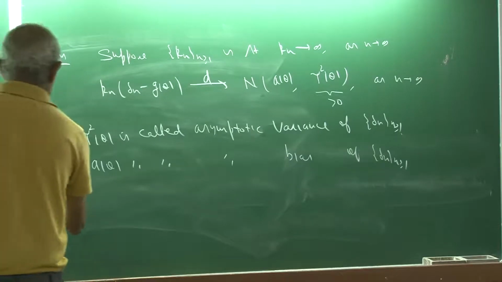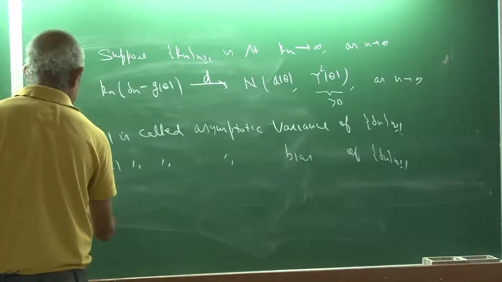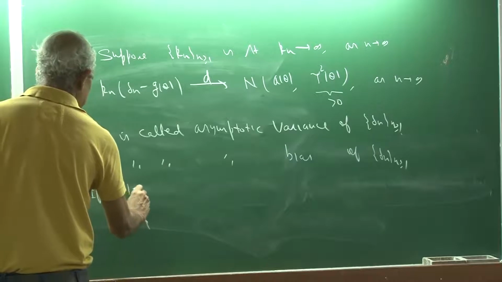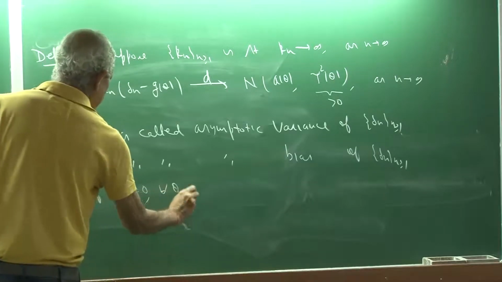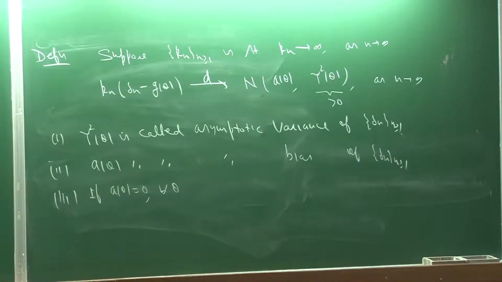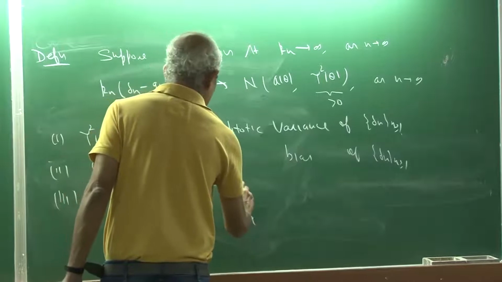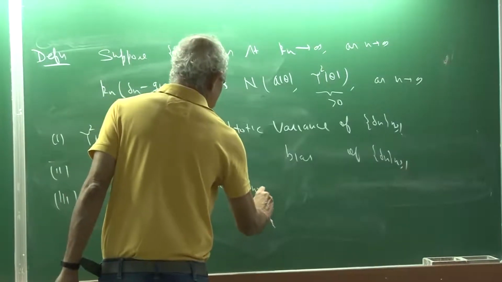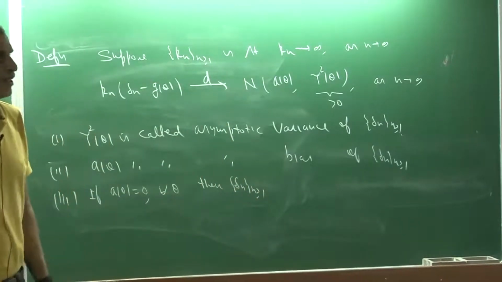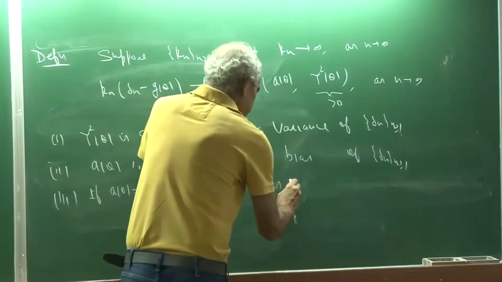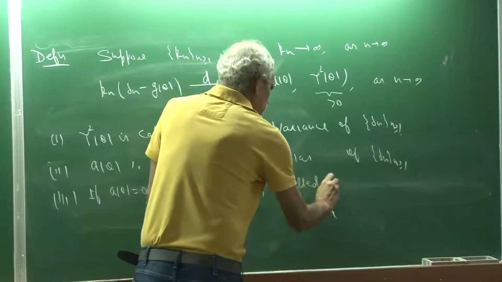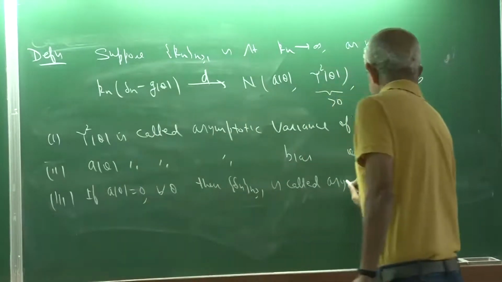Now, if A theta is 0 for every theta, then I call delta n, which is a sequence of estimators, asymptotically unbiased.